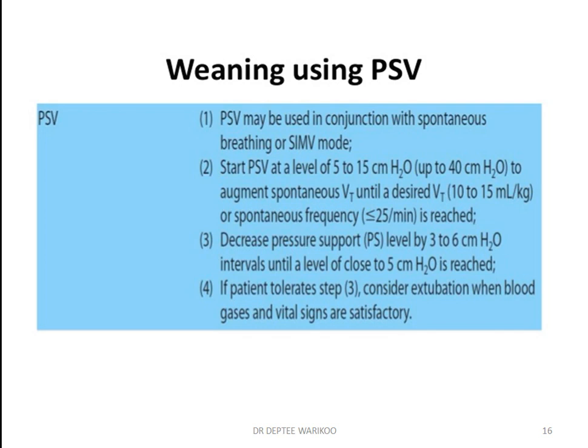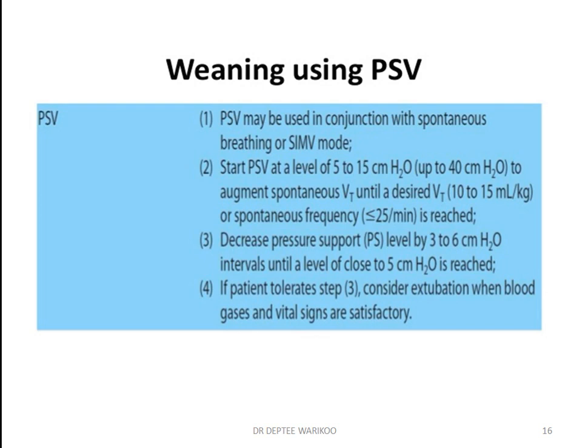Now weaning using PSV. PSV may be used in conjunction with spontaneous breathing or SIMV mode, depending. We start PSV at a level of 5 to 15 centimeters of H2O to augment spontaneous ventilation until the desired ventilation is reached.